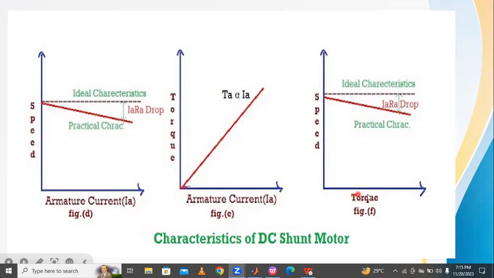And then the speed versus torque characteristics: here there is a small voltage drop, because of which the speed decreases, a small drooping characteristic practically, and ideally a straight line. So these are the three different types of characteristics of the DC shunt motor that can be understood by using MATLAB Simulink.